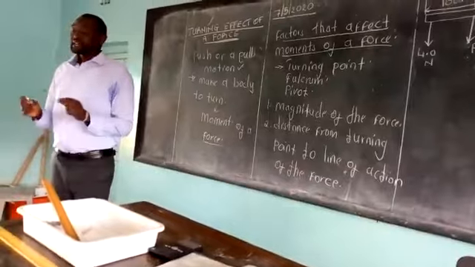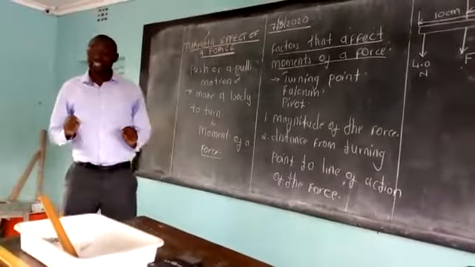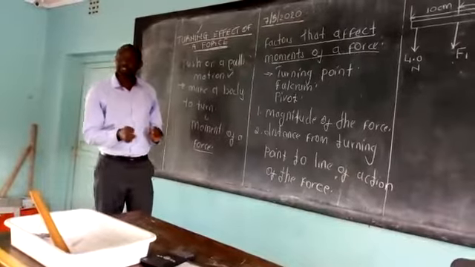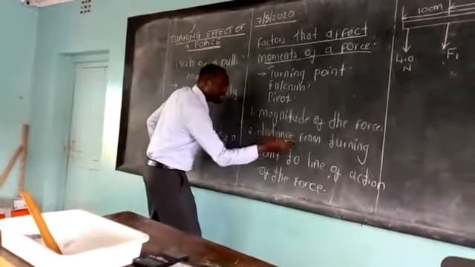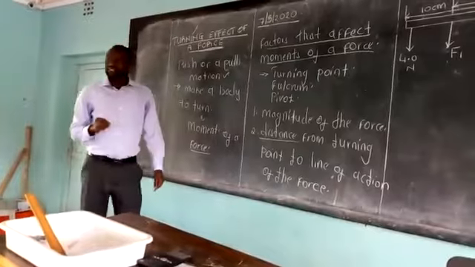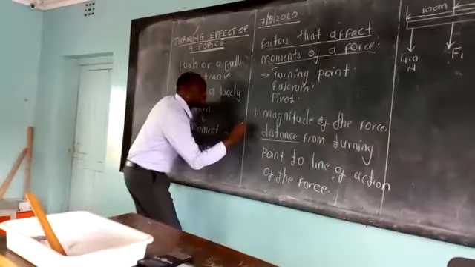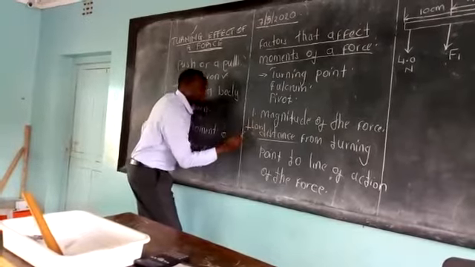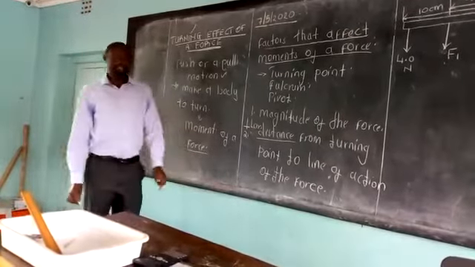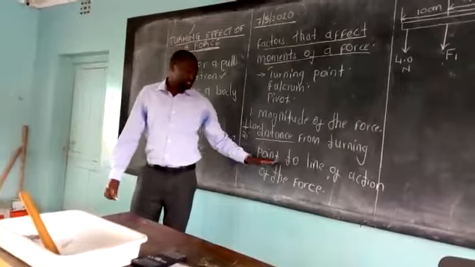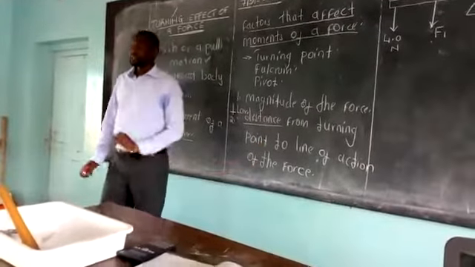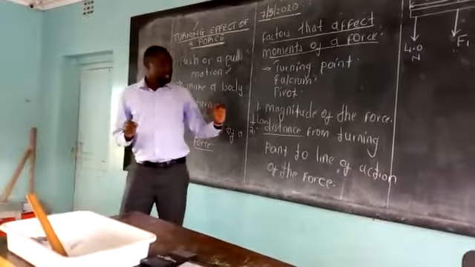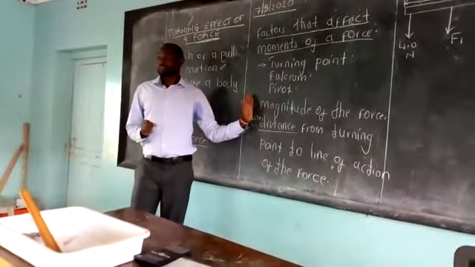Distance from the turning point to the line of action of the force. I want us to add a very unique name to this distance and call it the perpendicular distance. The perpendicular distance from the turning point to the line of action of the force. Those are the two factors that affect the moment of a force.